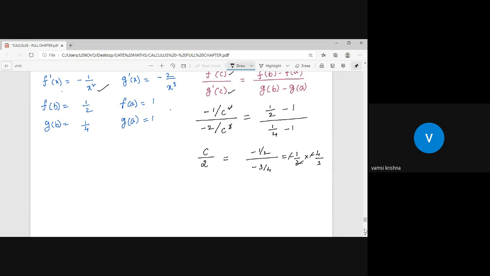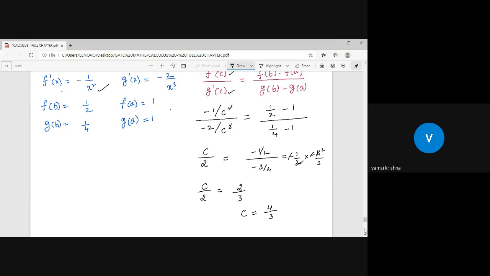And then you get 2 by 3 finally. So the left part is c by 2 and the right part is 2 by 3. And from this equation, your c value is 2 into 2 by 3, that is 4 by 3.